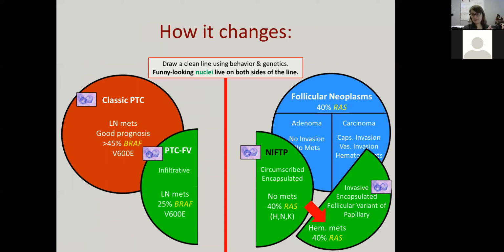And anything to the left of that line is a papillary carcinoma neoplasm that resembles in its biology a classic papillary carcinoma. I hope that makes sense, because these terms are used differently by different pathologists, and it's important for us to understand how the morphology and the genetics can be used but can be confusing, so we really have to think on all levels about these cases. Does anybody have questions or comments?